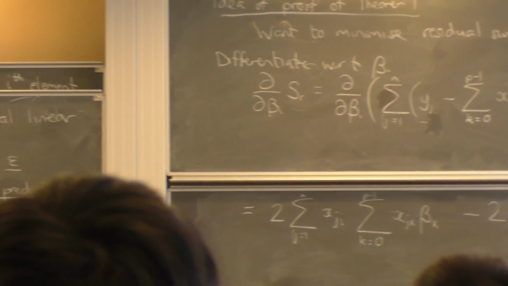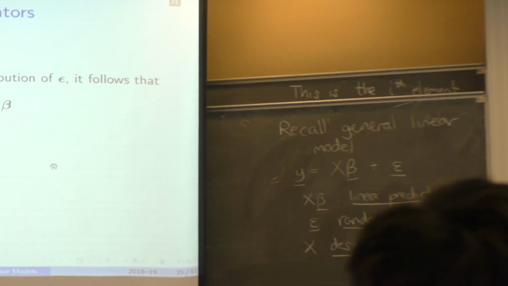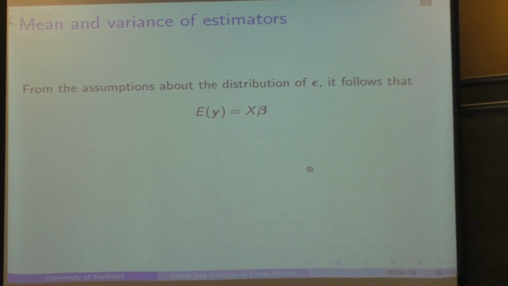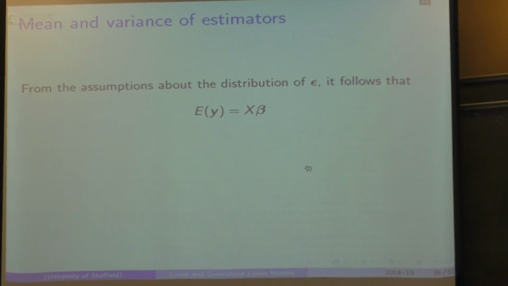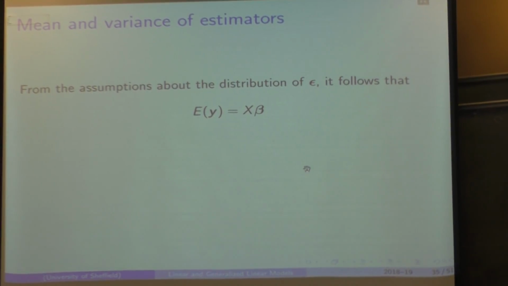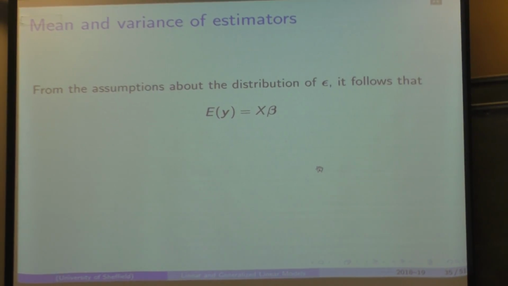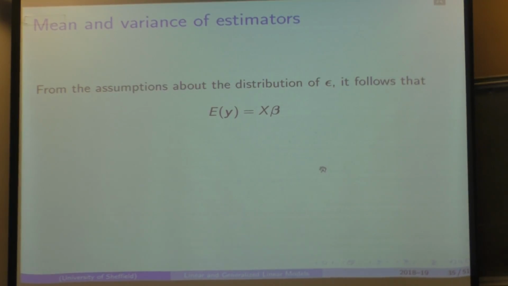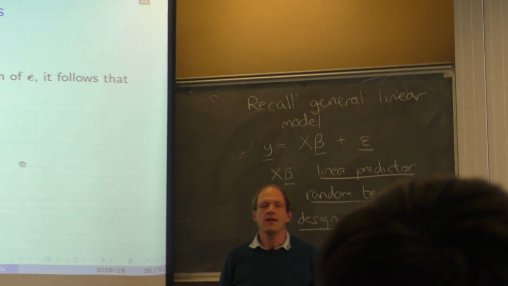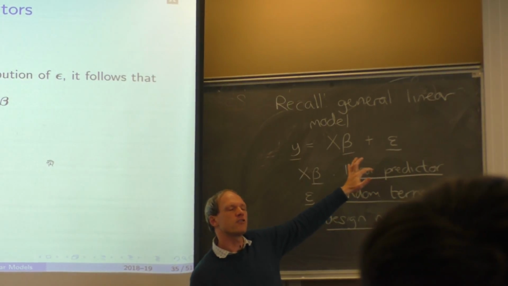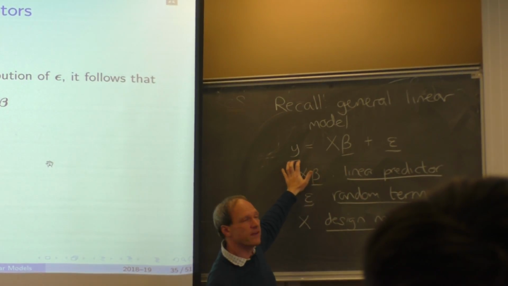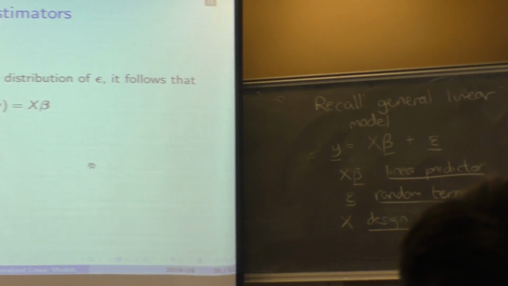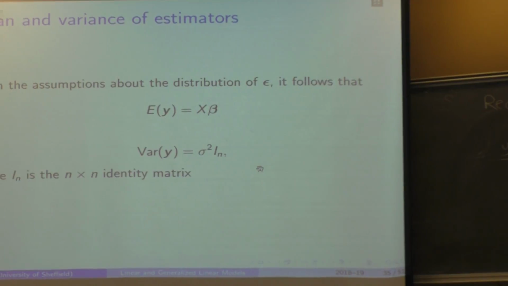Okay, so first of all, let's think about the actual mean and variance of the estimators. So this actually doesn't refer to the estimators at all, it refers to the data values y. So our assumption was that y was x beta plus epsilon. Epsilon had mean 0, so that means that the mean vector of the y's must be given by x beta. Okay?